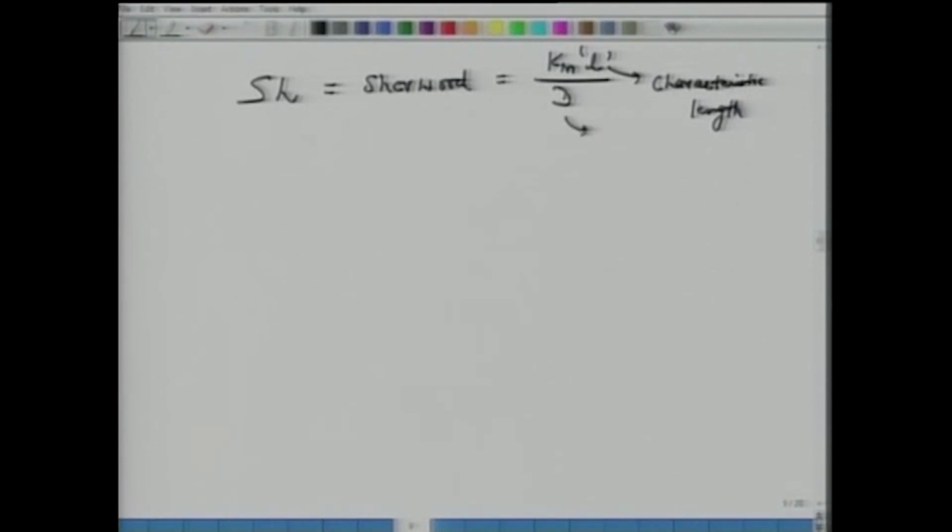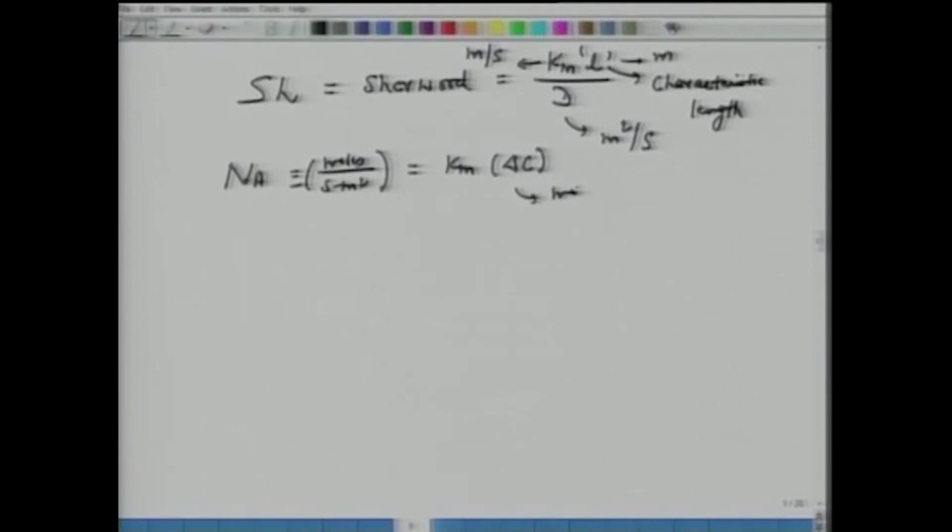D is the diffusion coefficient, in meters squared per second. L is in meters, and Km is the mass transfer coefficient, in meters per second. If we define NA, in moles per second per meter squared, equals Km into delta C, the concentration difference in moles per cubic meter.